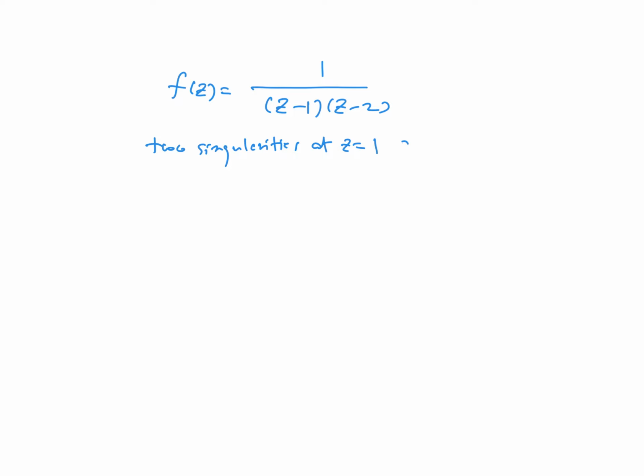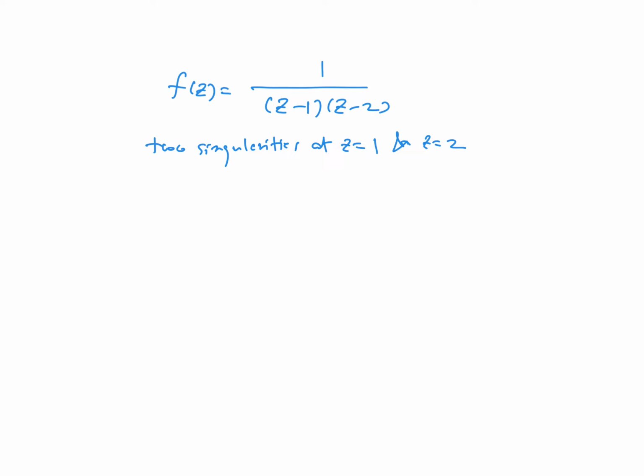We can continue with some more examples. When f(z) is 1 over (z minus 1)(z minus 2), how many singularities do we have now? 2, right? We have 2 singularities at z equal to 1 and z equal to 2.